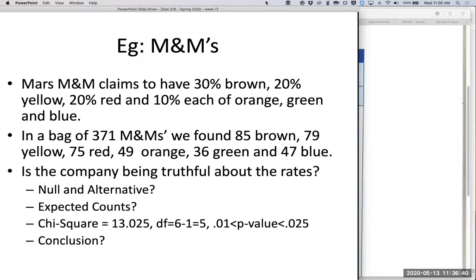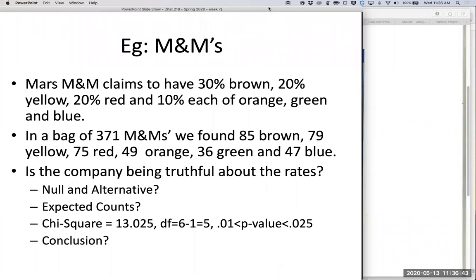Now I'm going to work over here on the right and state my null hypothesis. With multiple categories, the null hypothesis is always composite and always has a collection of equalities.